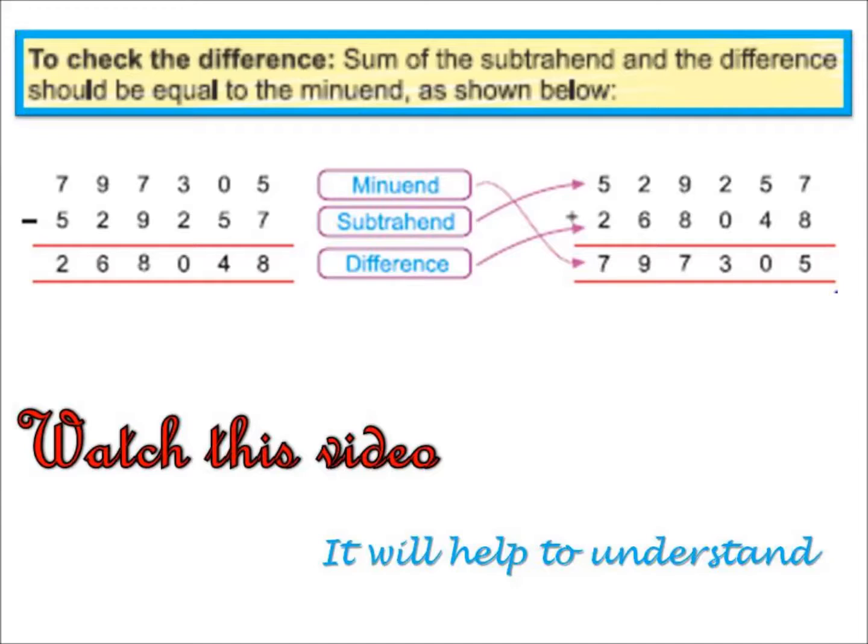If you get the same minuend, it means your answer is correct. In other words, after finding the difference, we can add to check the subtraction. If the sum equals the number subtracted from, your answer is correct.